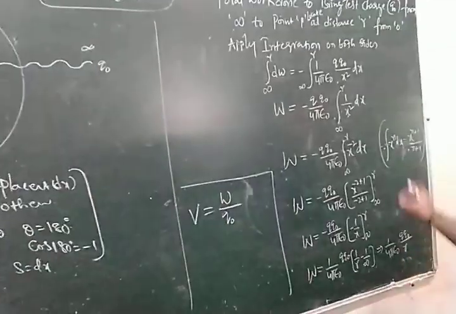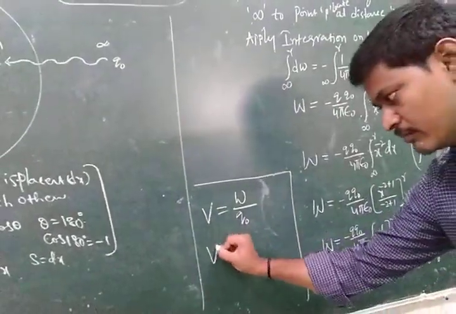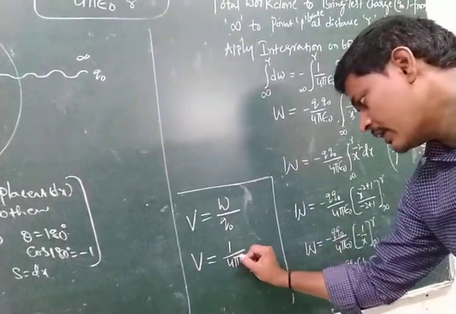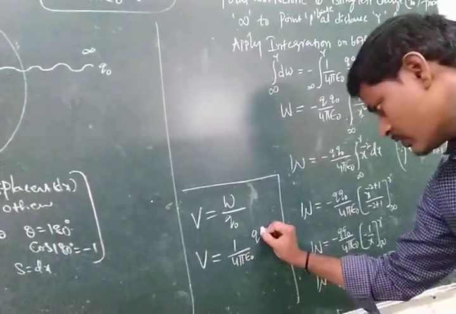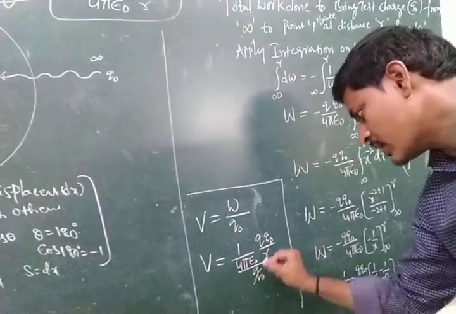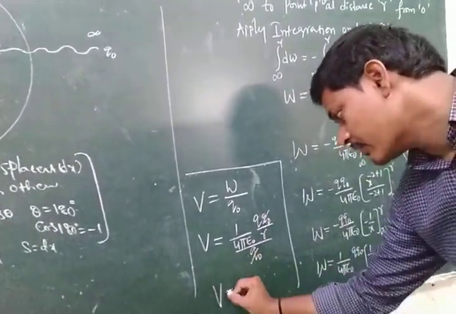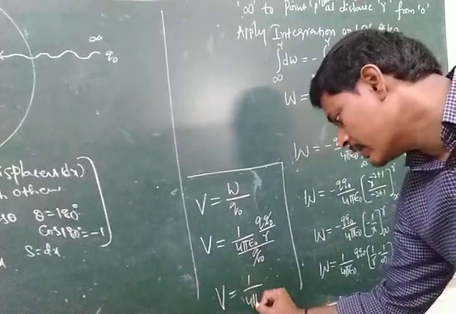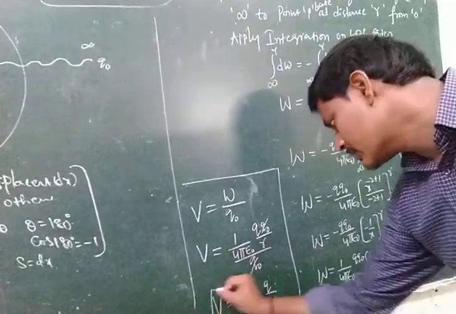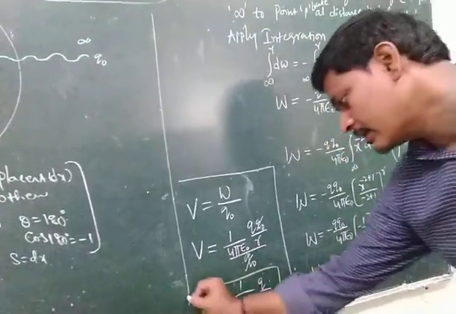Therefore we can substitute this W value: W is equal to 1 by 4 pi epsilon naught Q Q naught divided by R, by Q naught. Q naught gets cancelled. Therefore 1 by 4 pi epsilon naught Q by R. This is the electric potential due to a point charge.